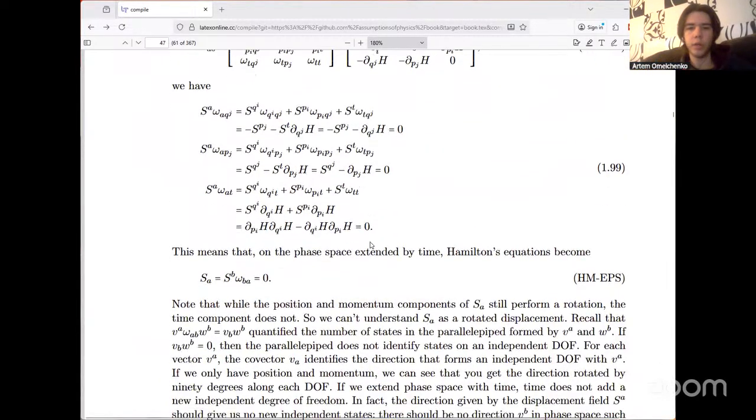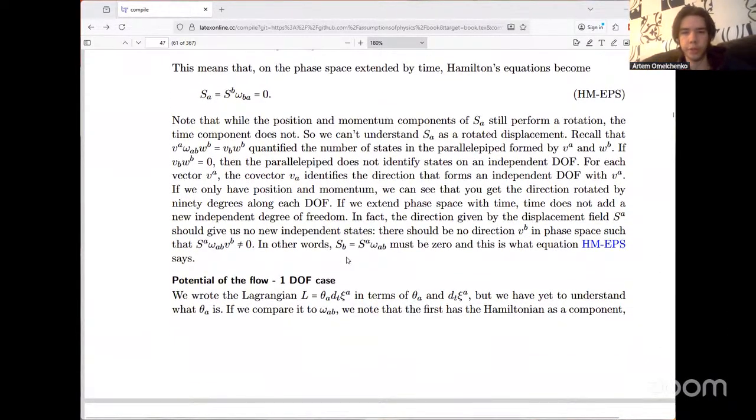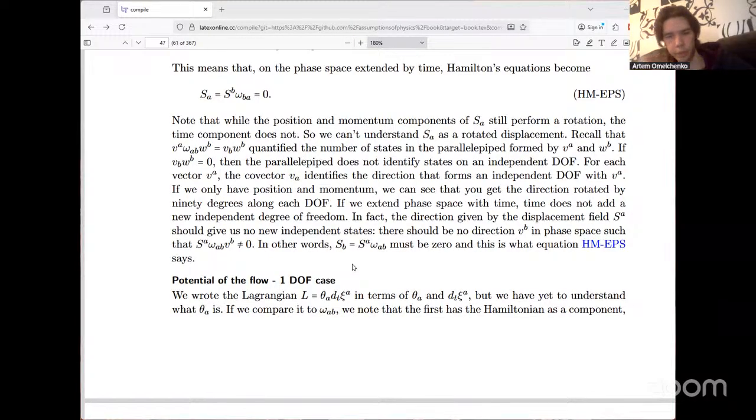Note that while the position and momentum components of the displacement field still perform a rotation, the time component does not. So we can't understand the displacement field as a rotated displacement, or rather it's not the displacement field, it's S_A, after we act on it with the symplectic form.